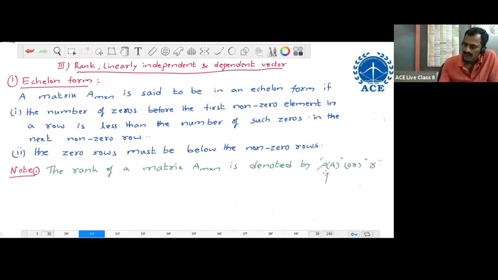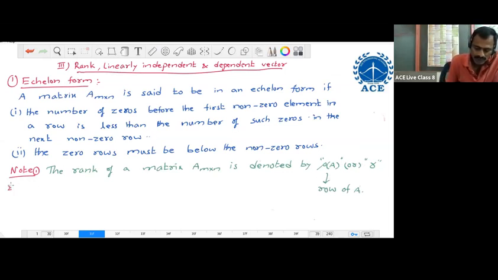Here we read this as row of A only. We pronounce this as row of A only. It is a notation of rank of a matrix.